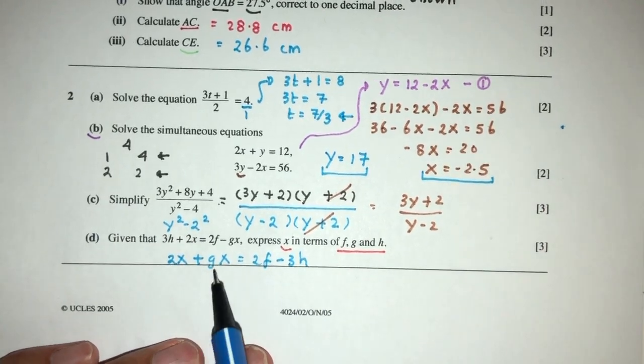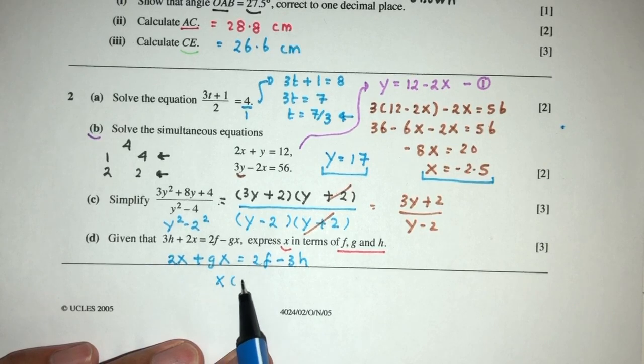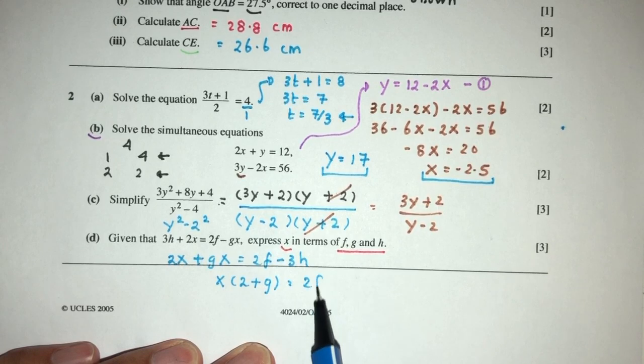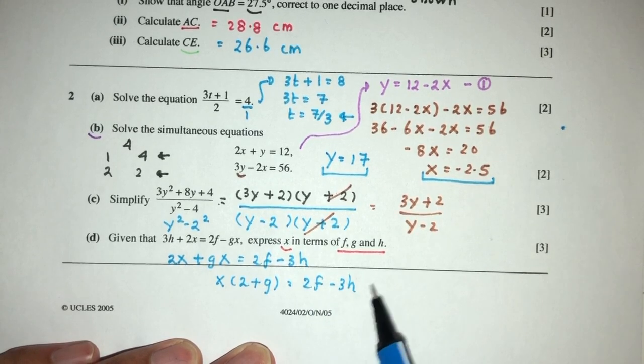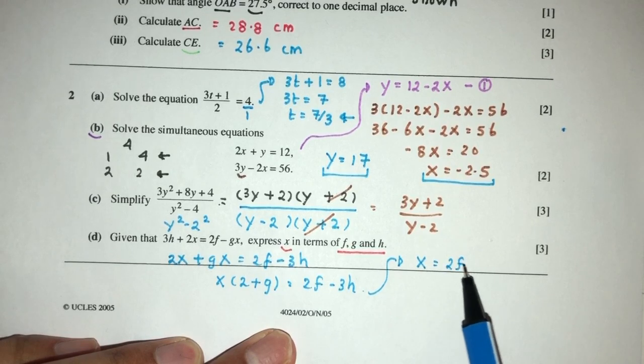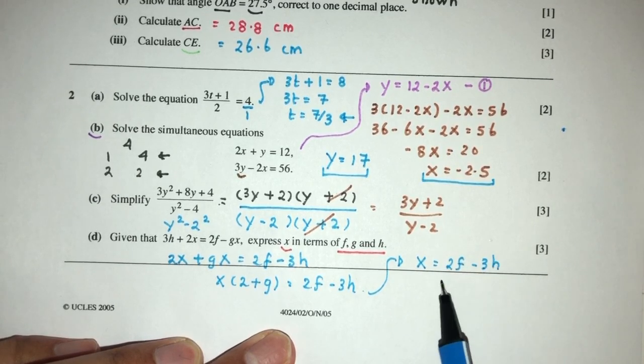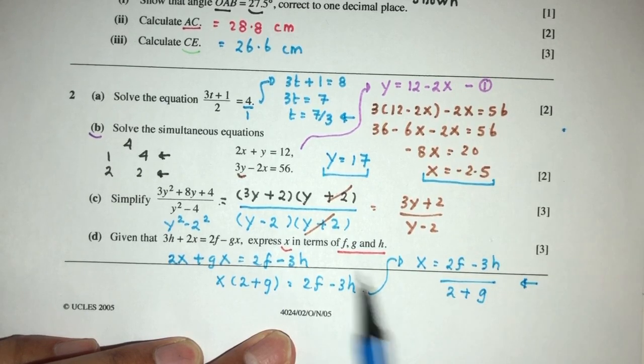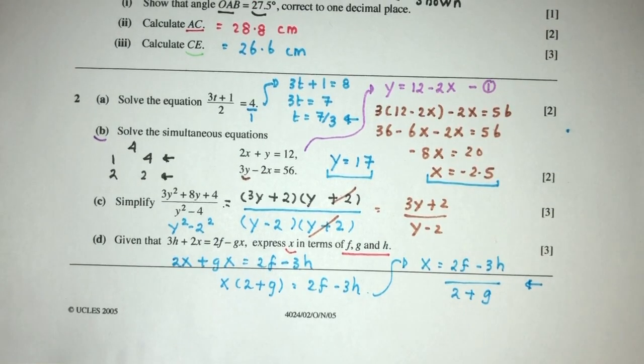Now simplify. Factorize the x outside. You will have x times (2 plus g) equal to 2f minus 3h. So finally, x has to be 2f minus 3h divided by 2 plus g, which is x in terms of f, g, and h. That is your question part D of question number 2.